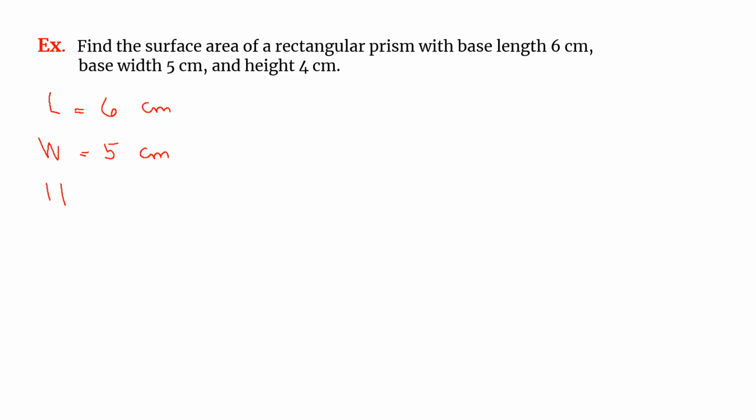And the height is equivalent to 4 centimeters. Kanina, sabi natin that the surface area of a rectangular prism or cuboid is 2LW plus 2LH plus 2WH. So, tingnan natin. I-evaluate natin one at a time.